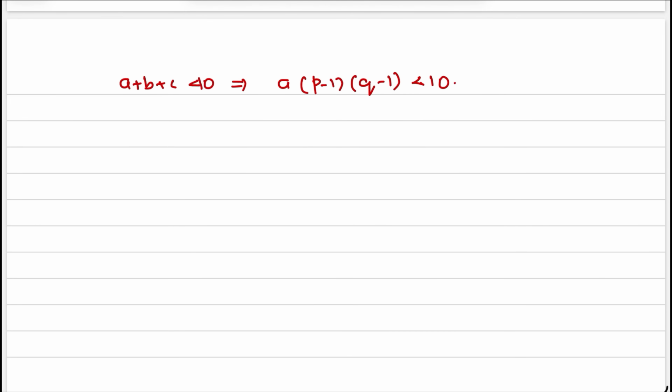Where a, being a Diophantine equation, is an integer. Hence, the restriction of P and Q and the restriction of a are going to play a vital role.